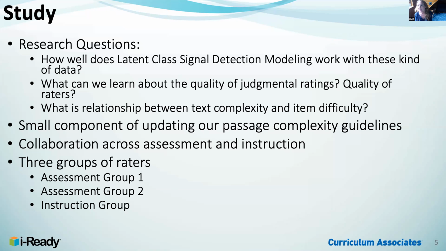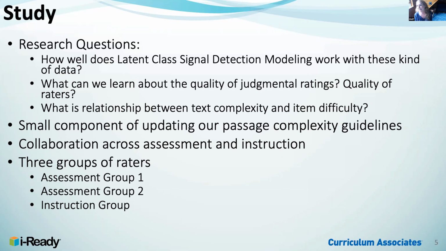Does this methodology work? Does it tell us something interesting? Do we learn something from using this methodology? Second, what can we learn about the quality of not only the ratings, but the quality of the raters? So Bo, this is not unlike what you were doing in your research.